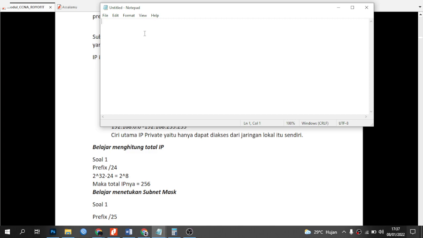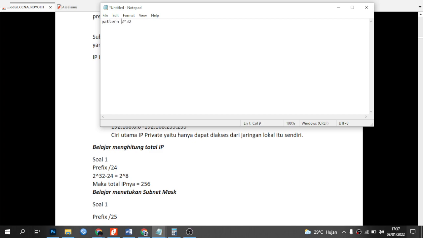The pattern to calculate the total IP is 2 to the power of 32.